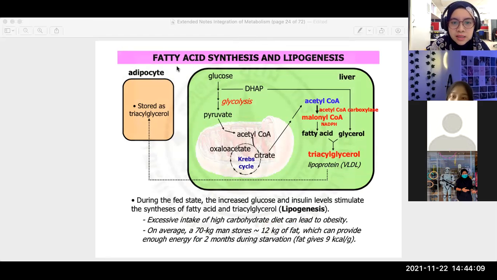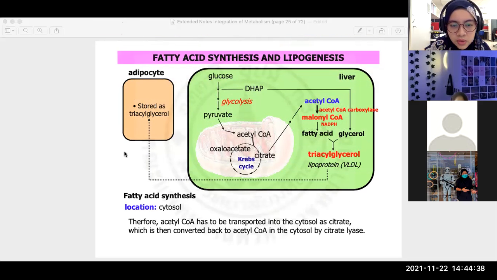We also eat things that are fatty or have protein sources. So in the fed state, we have fatty acid synthesis and also lipogenesis. The increase in glucose and insulin levels will stimulate the synthesis of fatty acid and triacylglycerol, which we call lipogenesis.